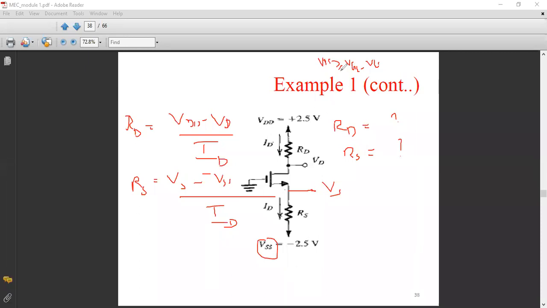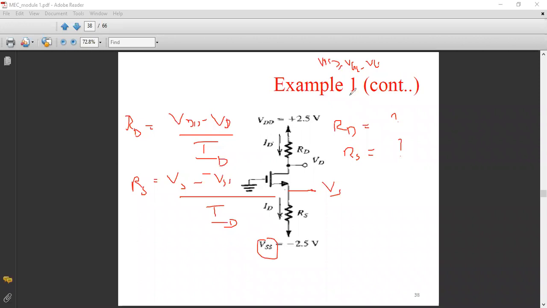Students, please note, it's not necessary that in all questions ID will be given to you. But in this question, ID is given as 0.4 milliamps, so it is fine. If ID is not given, then you have to find ID based upon the region of operation.